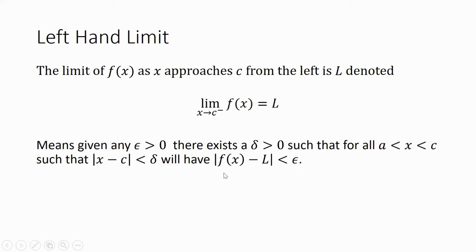We're not going to do a whole lot with the epsilon-delta definition of the limit, because we have already looked at epsilon-delta definitions. It's basically the same one that we looked at before, except now we restrict x to be underneath c.